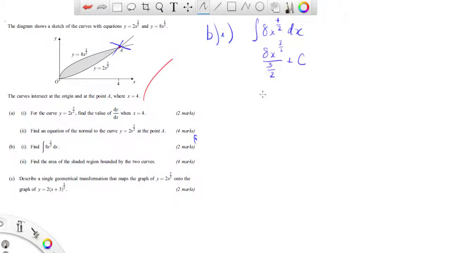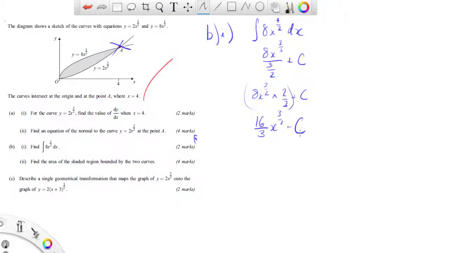It is disgusting. But remember, division is multiplication of the reciprocal. So really this is 8x to the 3/2 power times the reciprocal, which is 2/3. So that is plus c. That is 8 times 2, which is 16. So we can write this as 16 over 3 x to the 3/2 power plus c.